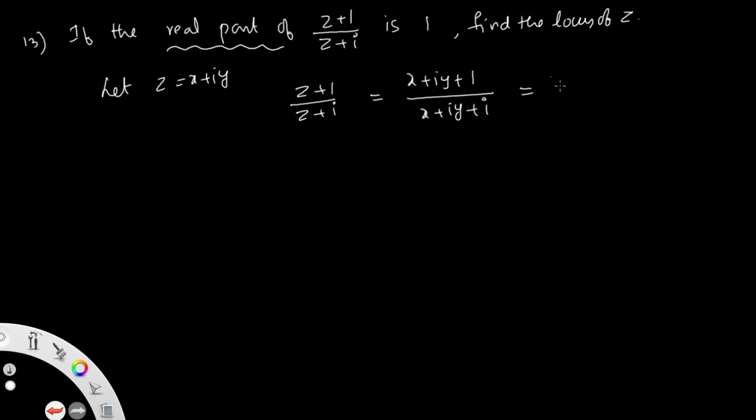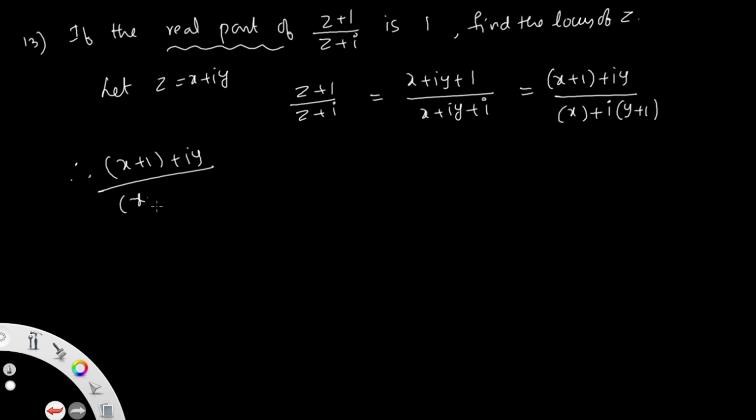Now simplify the real and imaginary parts. The imaginary part has x, and y into (y plus 1). Now simplify the numerator and denominator by multiplying by the conjugate. Then you get (x plus 1 plus iy) divided by (x plus i(y plus 1)), multiplied by (x minus i(y plus 1)) divided by (x minus i(y plus 1)).